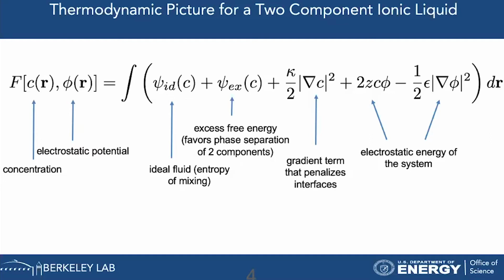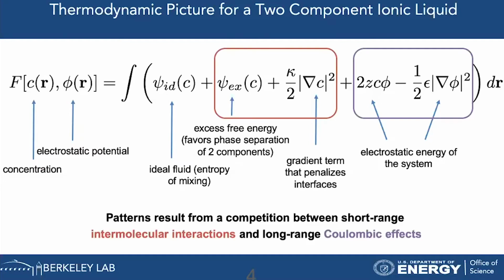We also have a gradient term that penalizes interfaces. So this is going to be related to the interfacial tension that you might get between having two different components making up this material. And then we have terms accounting for the electrostatic interactions in the system.